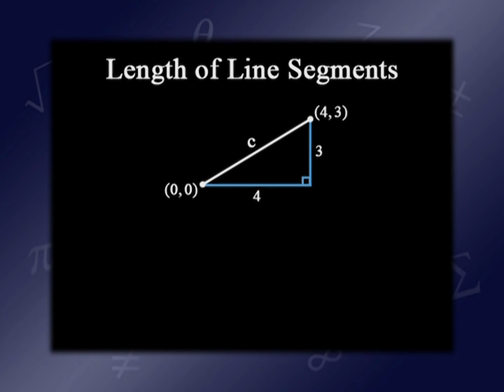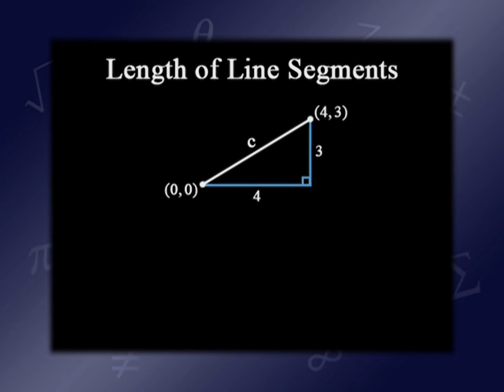We can apply the Pythagorean theorem to calculate the length of any line segments. So for instance, suppose I wanted the length of a line segment that, say, went from the point 0, 0 to the point 4, 3. Okay, imagine these 2 points in the plane. And I say, what's the length of the line that connects them?